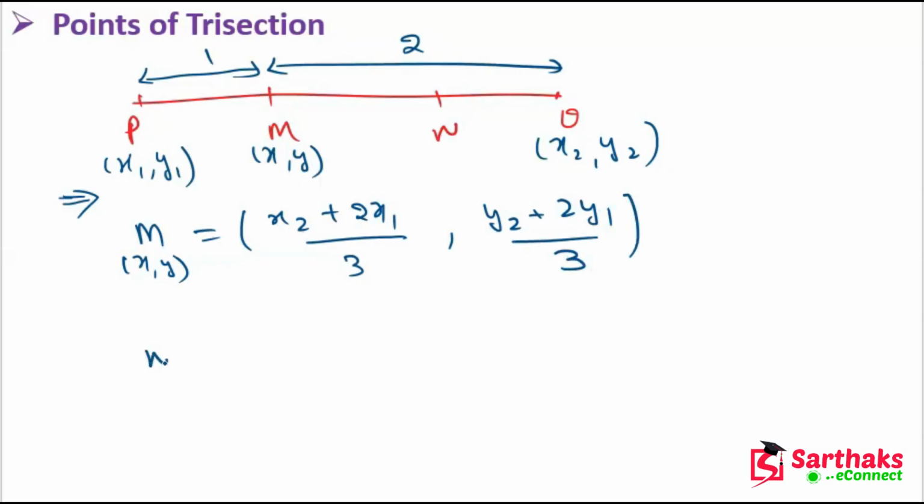Now we have to find the coordinates of N, let's suppose it is (x3, y3). How can we find it?